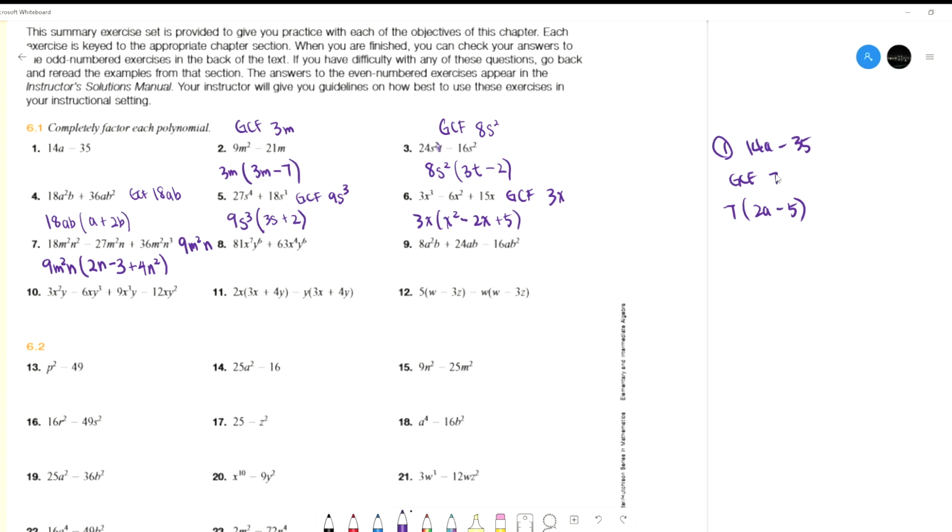Alright, number 8. So what's a number that divides into both 81 and 63? So let me start thinking here. I usually start with the smaller number, see if it divides into the other numbers, but it doesn't. So then I look at 63. What are the factors of 63?